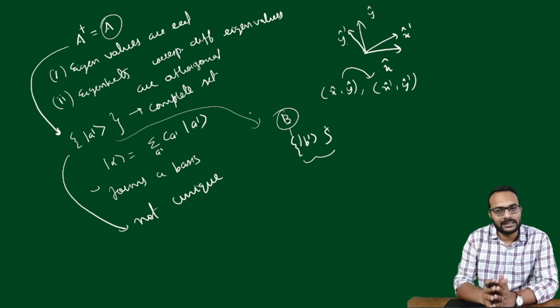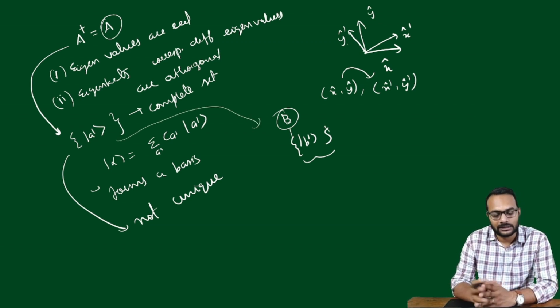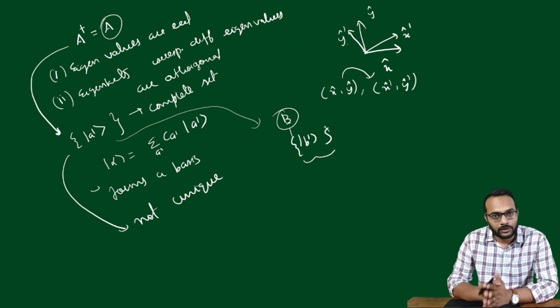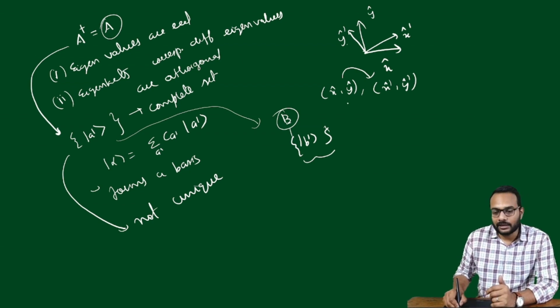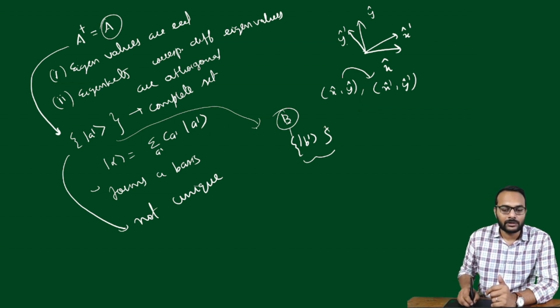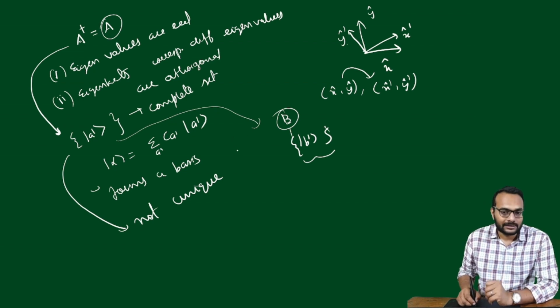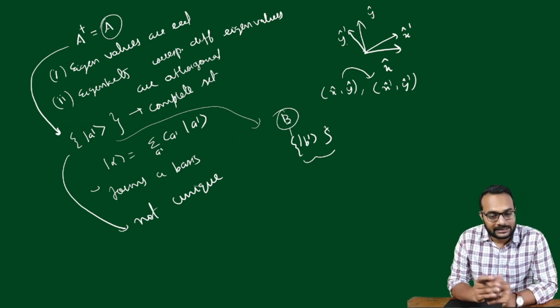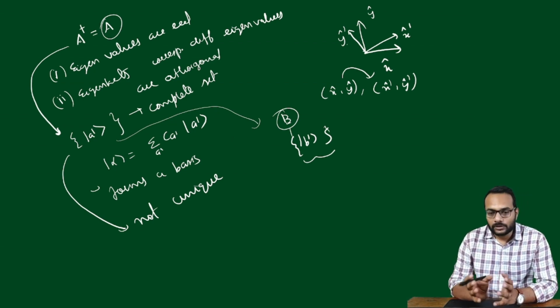All these things we'll be discussing later on. This is just to give you a hint of the kinds of things that we are going to see. Just as there are rotations that connect these two base sets, here also there are transformations that connect these two bases. We'll stop with that now.